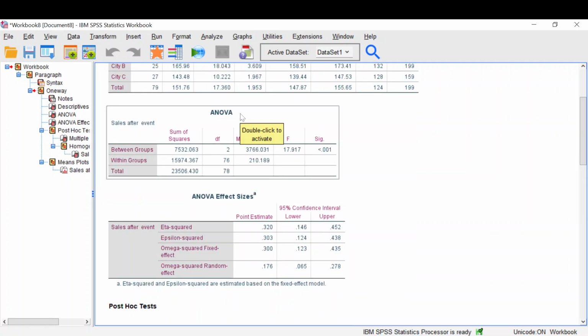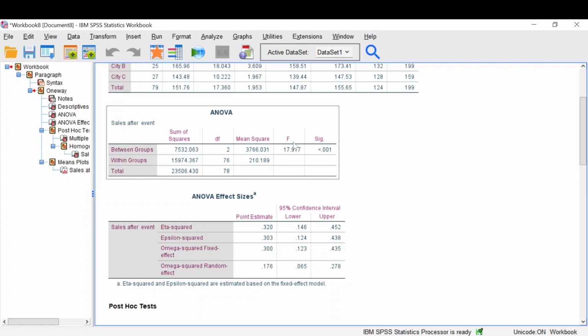Here's our ANOVA itself. The way to refer to this is the same as we did in our t-test table. You want to look at your significance level, and you want to look at your statistic. If you recall from a t-test, the statistic was called the t statistic.